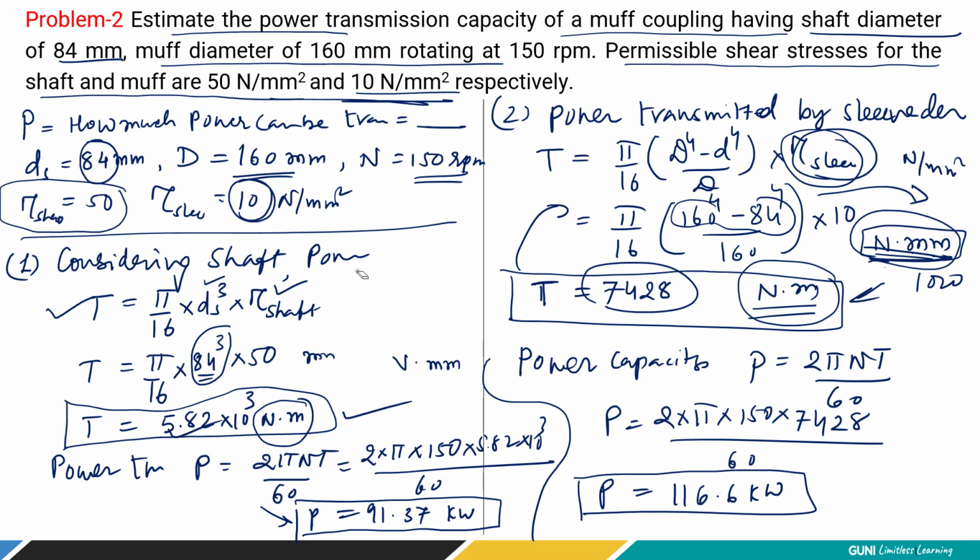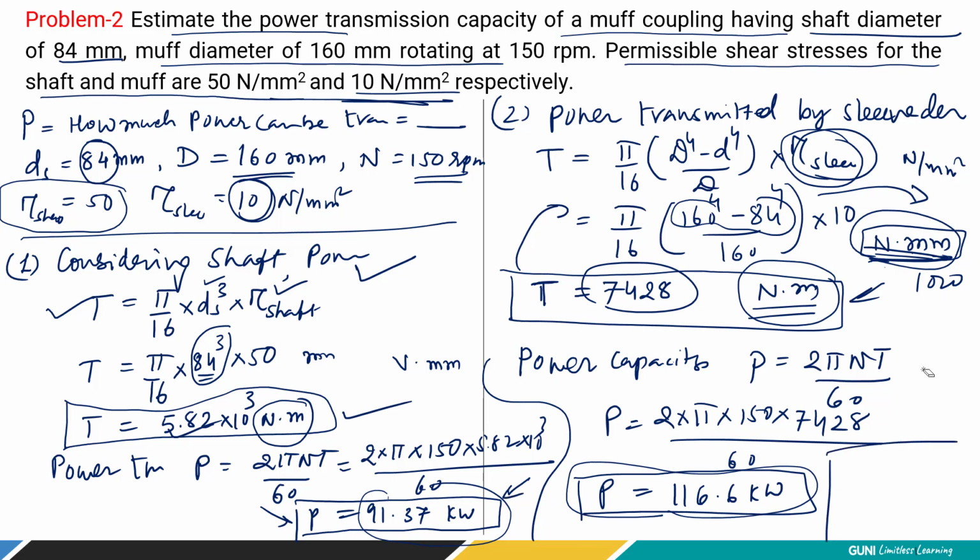If you consider the shaft design, the maximum value is 91.3 kilowatt. But if you consider the sleeve design equation, you can transmit this much value of power. Now what is the final answer? Definitely, as explained earlier, the lower value is your answer.